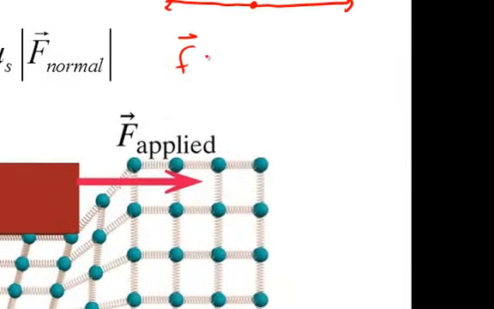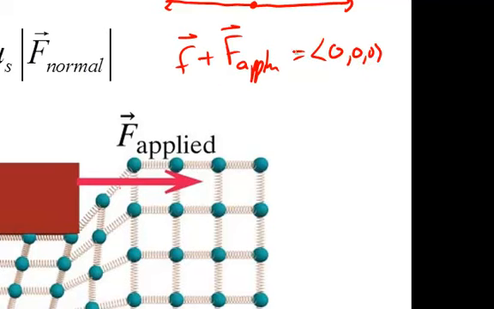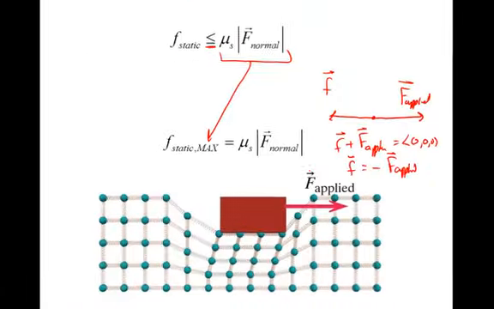So F plus F applied is equal to 0. In other words, F is equal to the negative of F applied. Okay, so this is how you're going to have to find static friction most of the time.